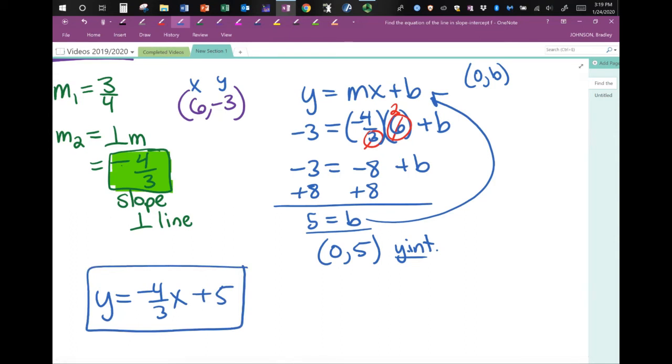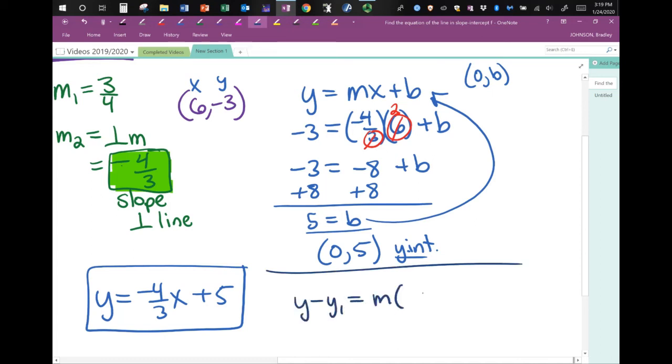Okay, but like I said, there's two ways. That is one way. Let's check with another way. The other way would be using this form: y - y1 = m(x - x1). Now, as before, m is given to us. And then what is this x1, y1?